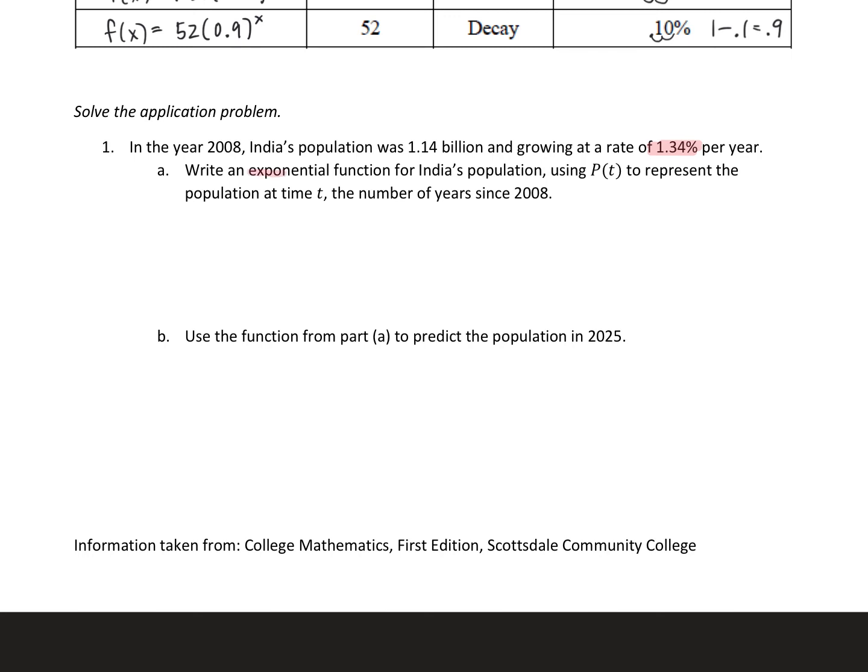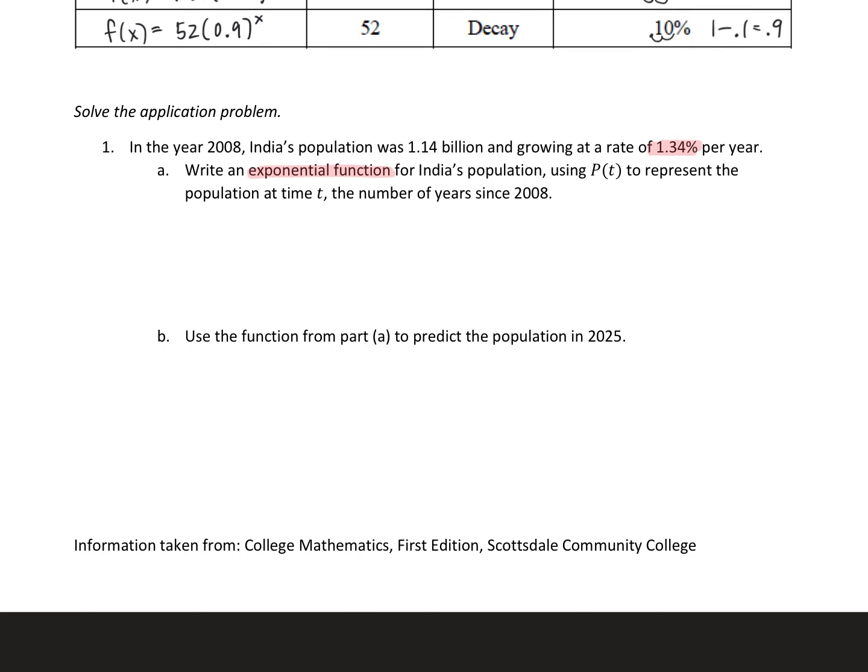It also gives it away that they tell you to write an exponential function. But if they didn't, the percent change is what tells you that it's an exponential function and not a linear function. So write an exponential function for India's population using P of t to represent the population at time t, which is the number of years since 2008.